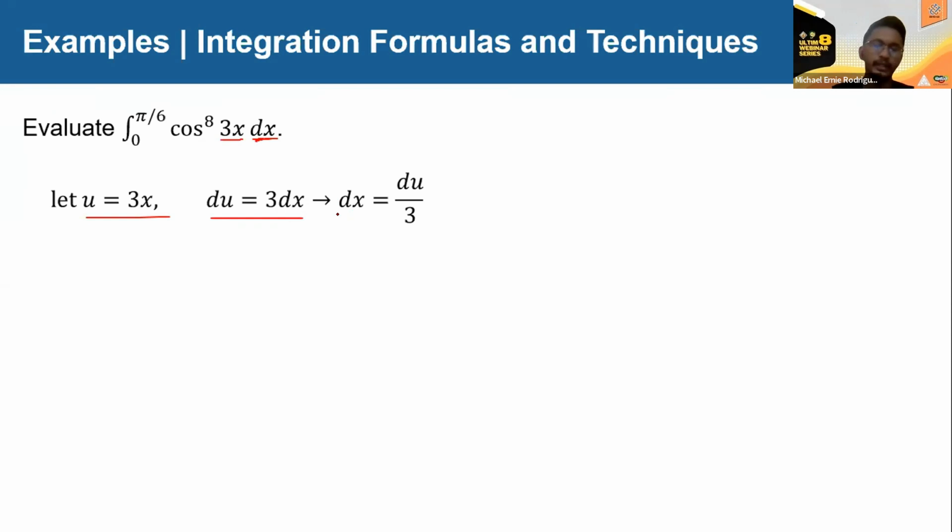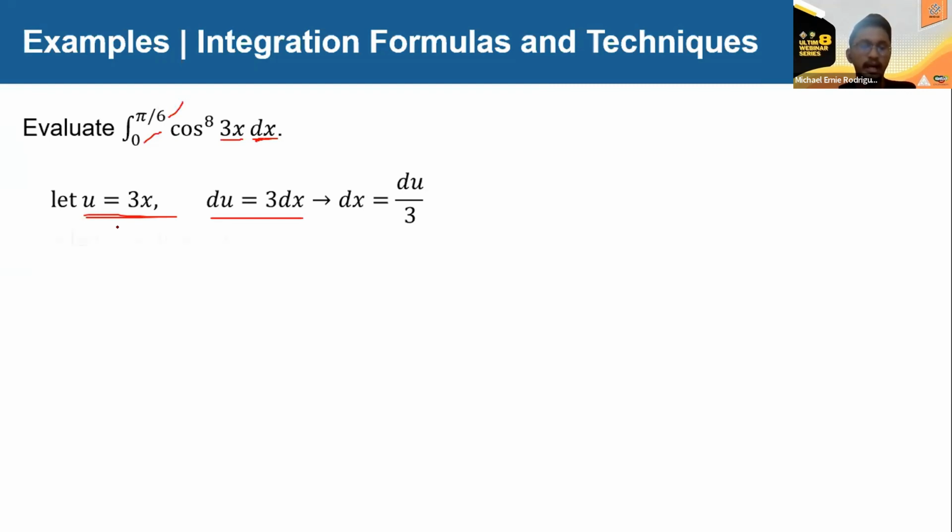Okay? And then, kapag nag-let u tayo, okay, ito kasing limit natin in terms of x. So, kailangan gawin natin yung limit in terms of u. Okay, dapat u naman to. Kasi itong limit in terms of x, dapat maging in terms of u. So, para maging in terms of u, mag-substitute lang tayo.